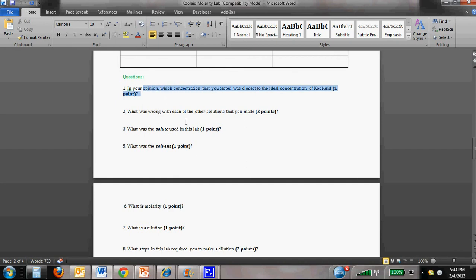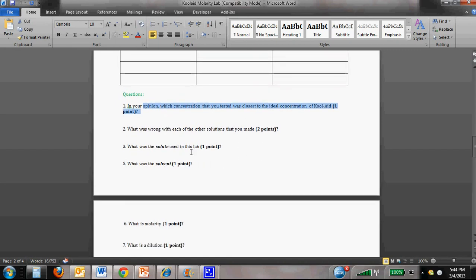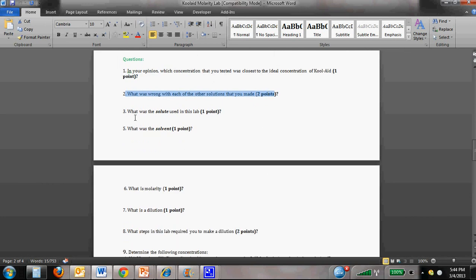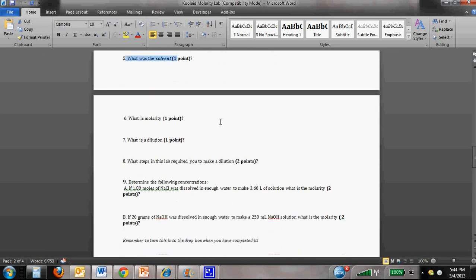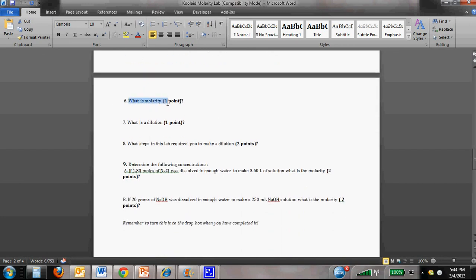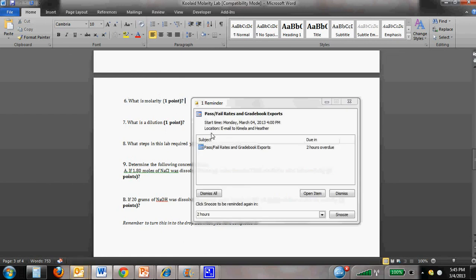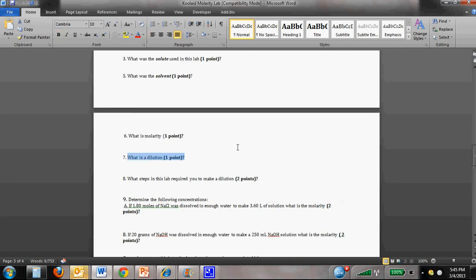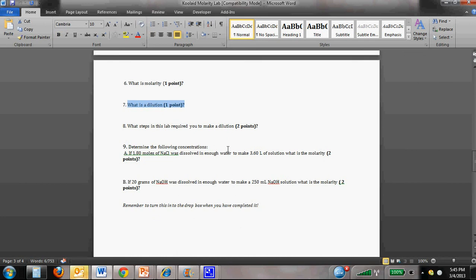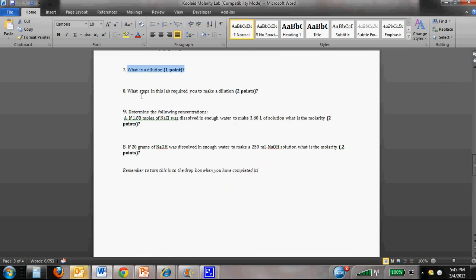This is just your opinion, so you tell me which Kool-Aid solution you like the best, what was wrong with the other ones, what is the solute, hopefully you can figure that out, what's the solvent, what is molarity, so this is just asking you to list the units for molarity, or the definition of molarity. What is a dilution? So what did you perform in steps 2 and 3? What happened? Uh-oh, and I just answered that question for you.